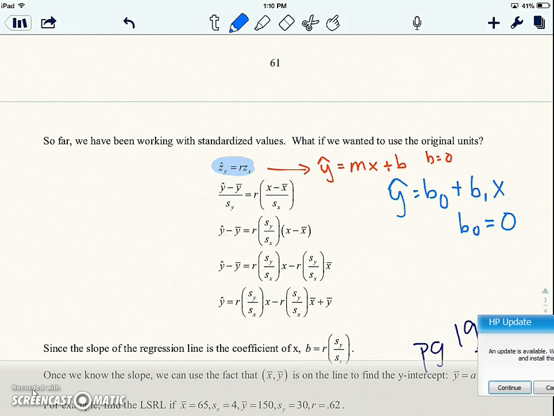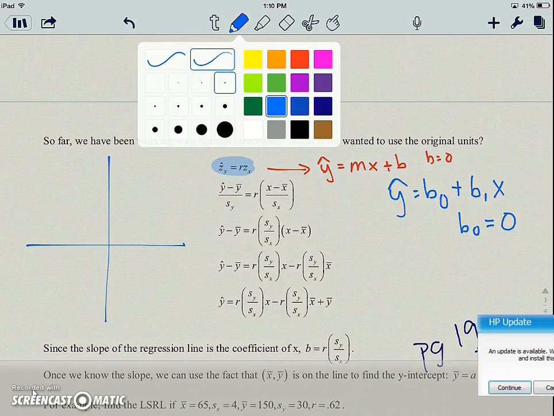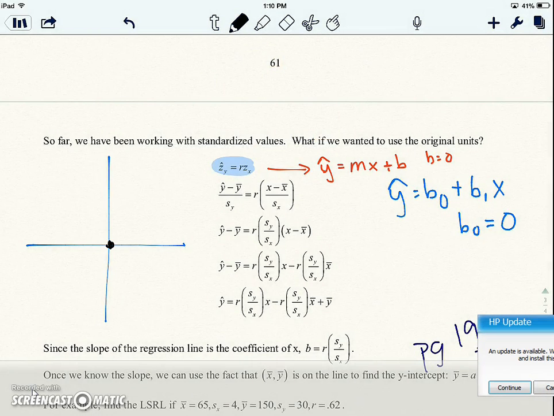So that's just rewriting y equals mx plus b. Again, we've standardized it. We've taken the z-score for every data point, so right here would have been x bar, y bar, and then you've got a line going through it.